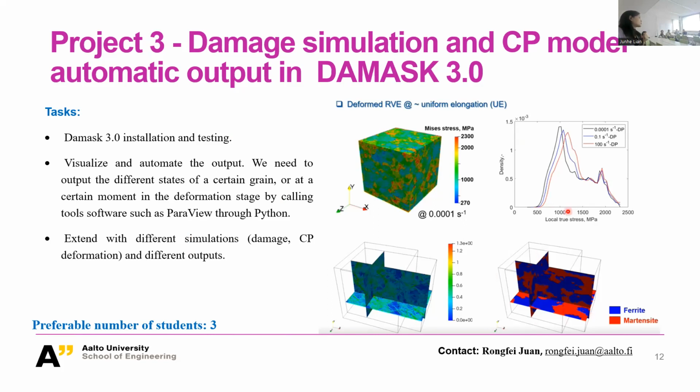This picture shows the deformation and state at this location at this time. So the final result we need to achieve is one code or one process to help us automatically output this result. Okay, here are the two projects of mine. Thank you.